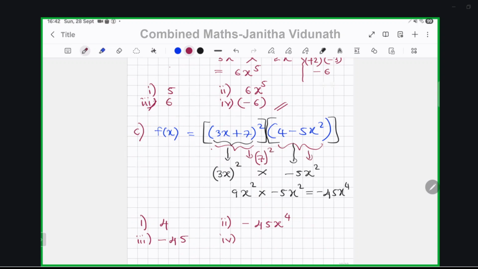In the second bracket, the constant term is 4. Then the final constant is 7 whole square times 4. This value is 49 times 4, that means 196, and the sign is positive. Then the constant term is 196.